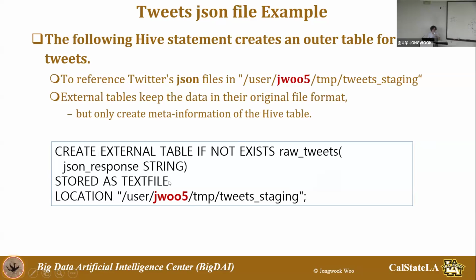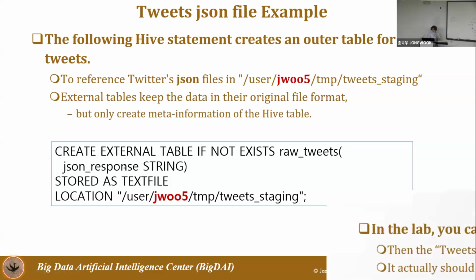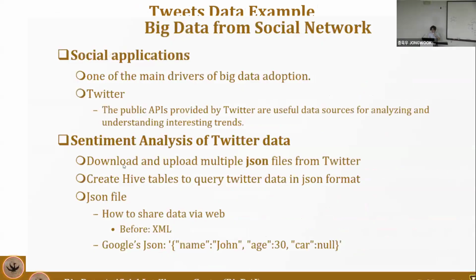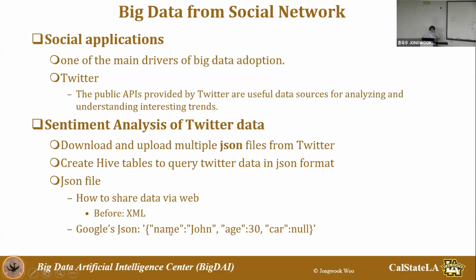Initially you can just take the JSON file as a string. So you have only one column named, like, JSON response. This is just a column name. And since it has a complicated structure, you have multiple lines of this kind of data, so you just take it as a string.